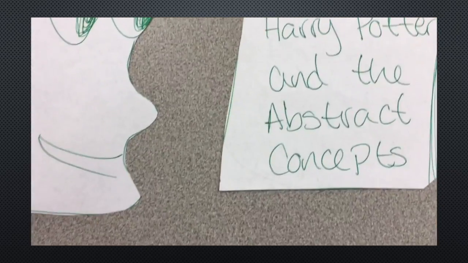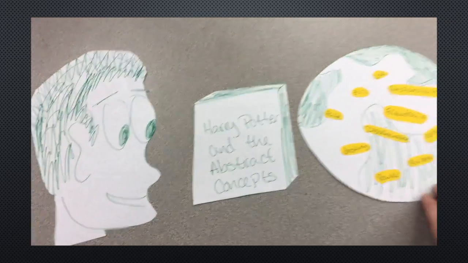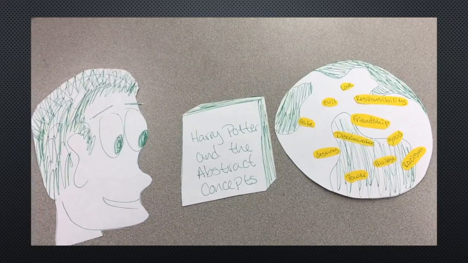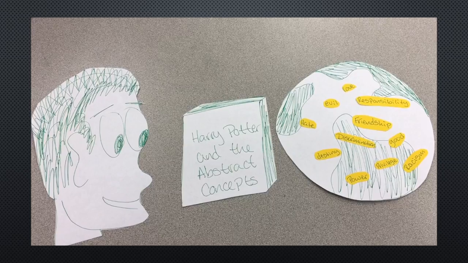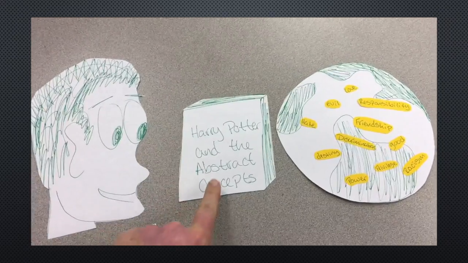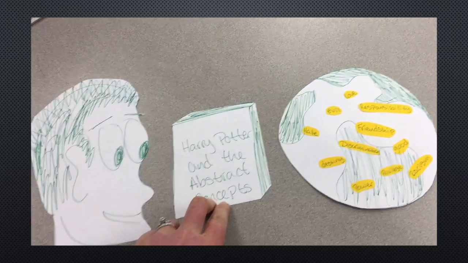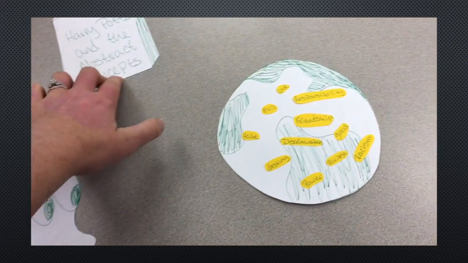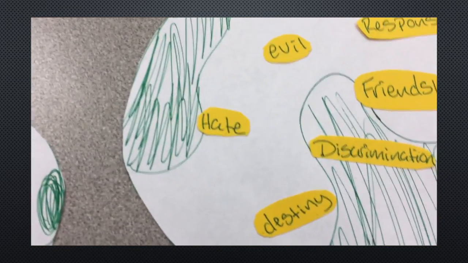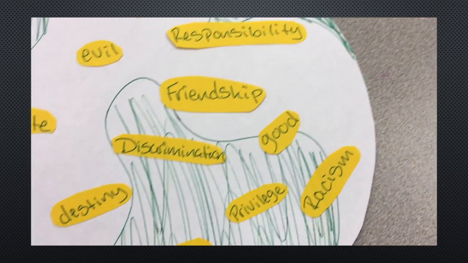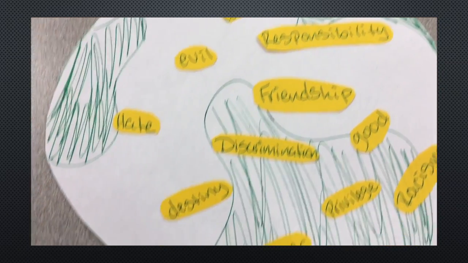You're learning how these abstract concepts actually impact the world. How do they affect the world at large? So Harry Potter and the Abstract Concepts is really a magnifying glass that helps you to take a closer look at some of these big issues that are relevant to our own society today.